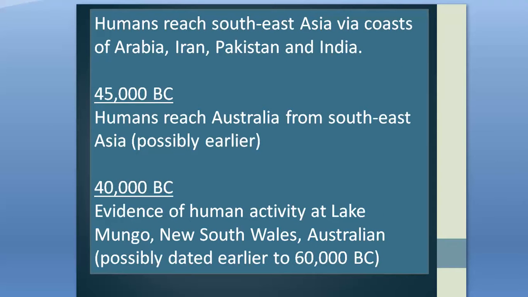Alright, following on from the end of the first episode, humans had begun to make their journey out of Africa, following the setback caused by the Toba eruption we talked about last time. Moving eastwards, generation by generation, around the coasts of Arabia, Iran, Pakistan and India, they reached the area of Southeast Asia by 50,000 BC.